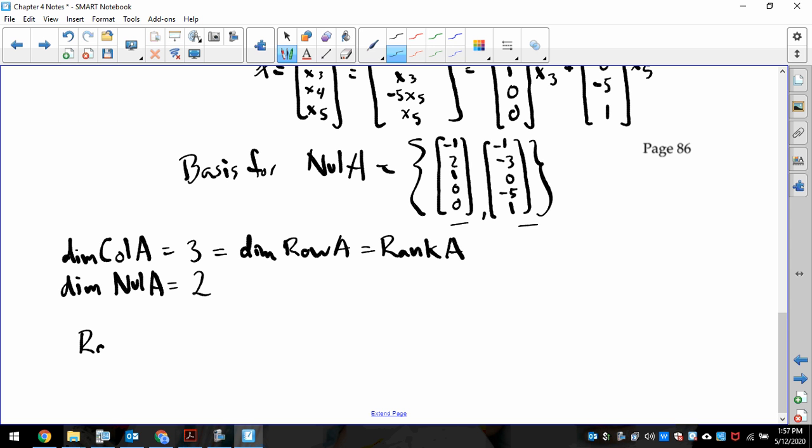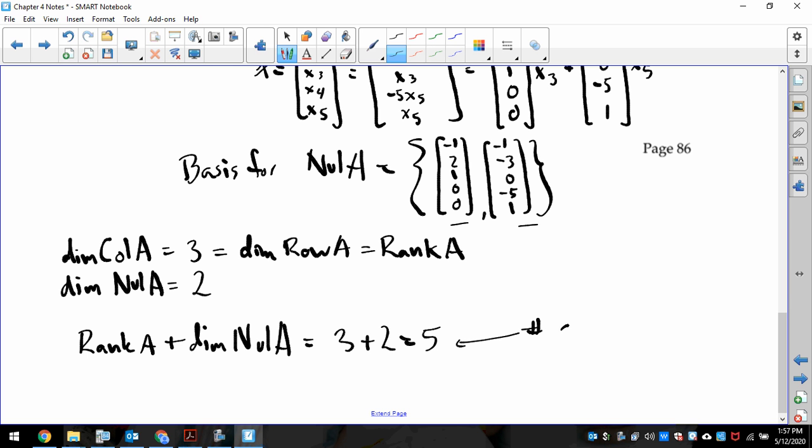And then if I add the rank of A to the dimension of the null space, sometimes the dimension of the null space is called nullity, we're going to get 3 plus 2, which is 5, which is the number of columns.